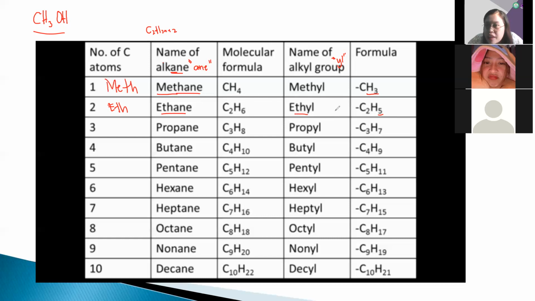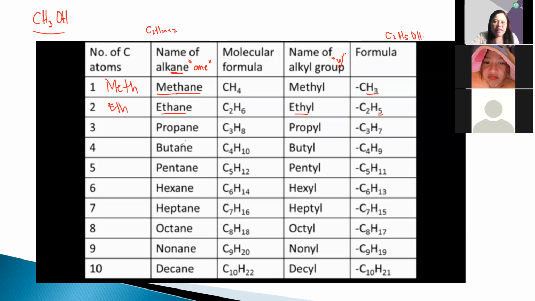So for example, in the case of ethyl alcohol, it is C2H5OH. That is the ethyl alcohol that we use as disinfectant or antiseptic or even the alcohol that is present in our alcoholic drinks. Okay, nabawasan yan siya ng isang hydrogen.